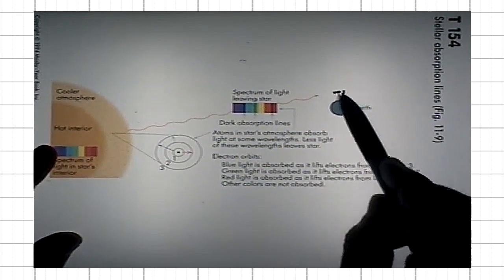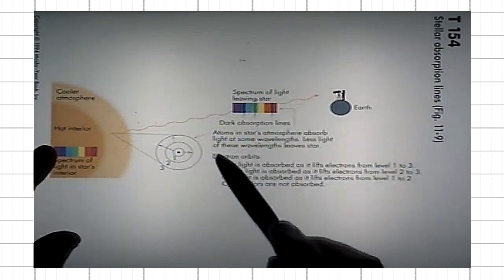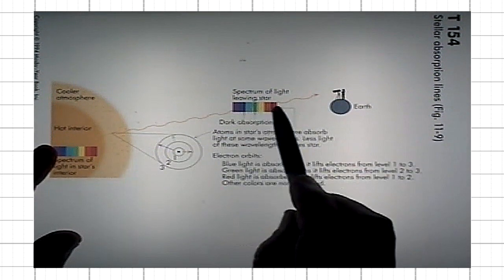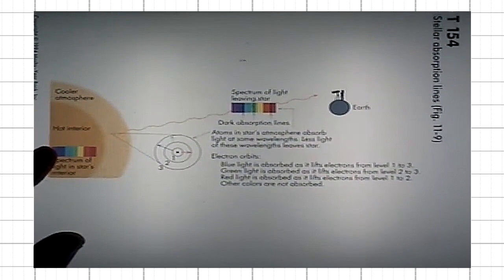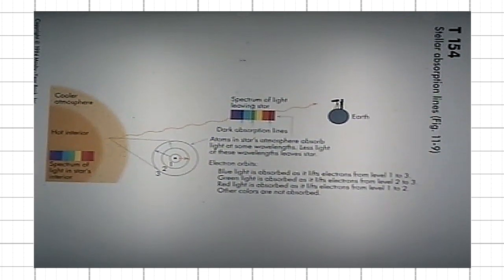An astronomer on Earth collects the spectrum of the star and actually can see which absorption lines are present. And the absorption lines actually are fingerprints of chemical elements.